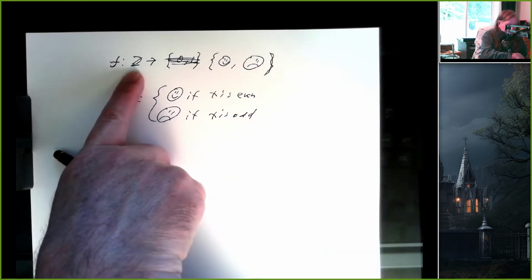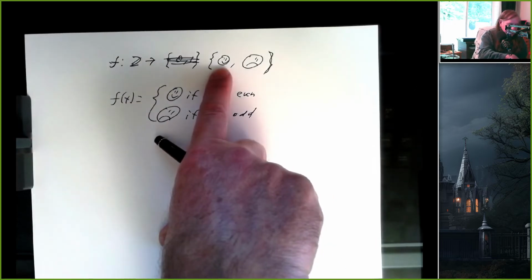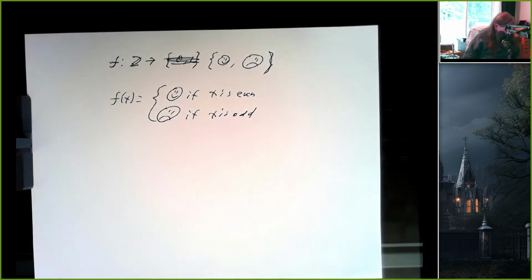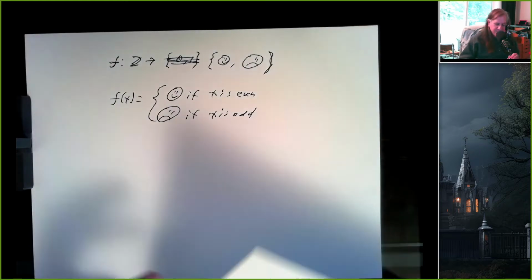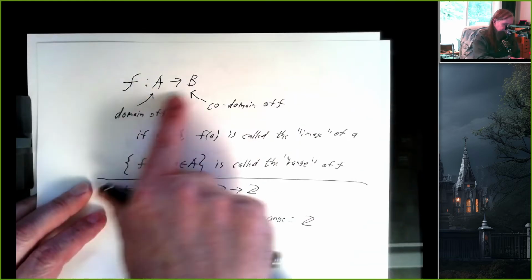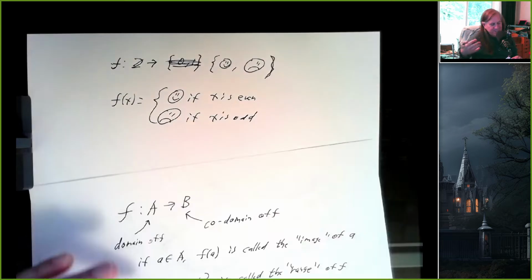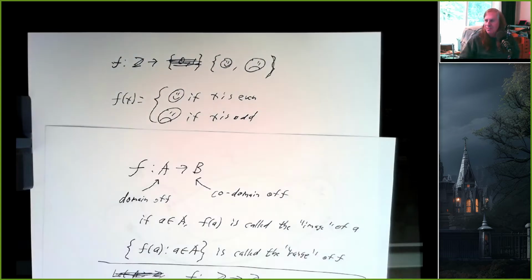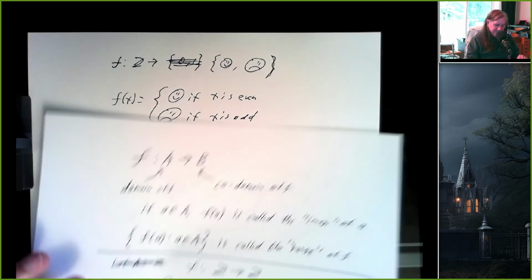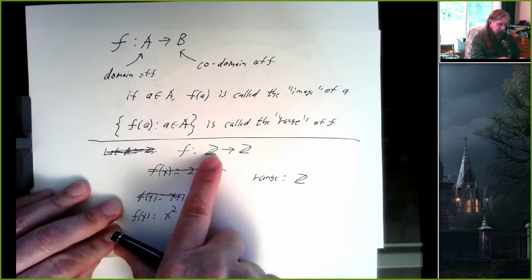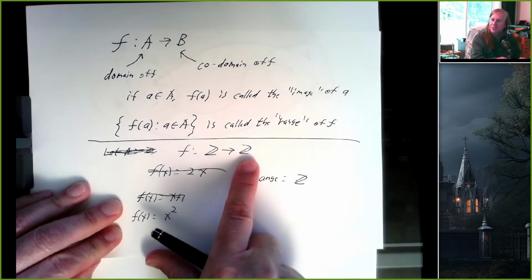So in this case, the domain of the function is the set of all integers. The codomain of the function is a set consisting of a happy face and a sad face. So the codomain we usually don't even talk about. It's just the thing that we say the function maps into. But it might be bigger than all the possible values, right? For example, here, f of x equals x squared. Since I said f goes from Z to Z, Z is technically the codomain.